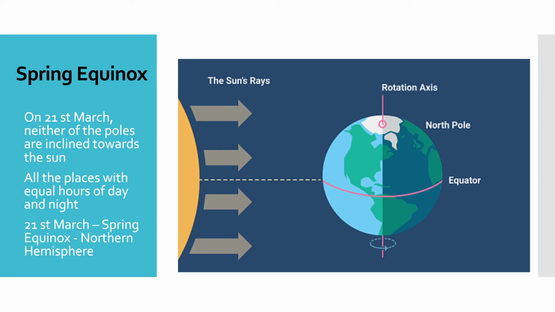So on 21st March, it is the beginning of the spring season, so we call it spring equinox in the northern hemisphere. So when it is spring in the northern hemisphere, it will be autumn in the southern hemisphere.